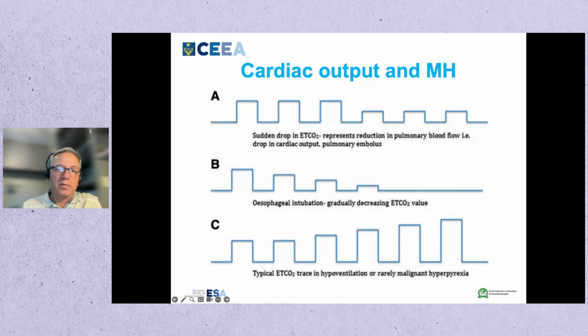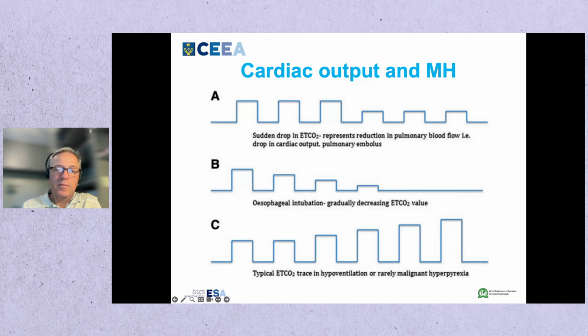Capnography is a surrogate tool for assessing cardiac output, and examples include a sudden drop in the end-tidal CO2 that represents a reduction in pulmonary blood flow that could be due to pulmonary embolism or low cardiac output. A gradual decrease of end-tidal CO2 represents a slow decrease in cardiac output, and vice versa. In B, we already spoke about esophageal intubation. That is again a gradual decrease in CO2 value.